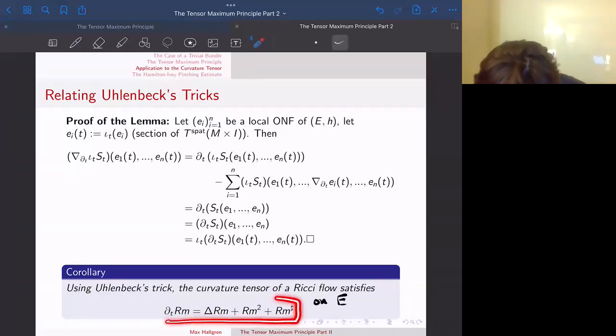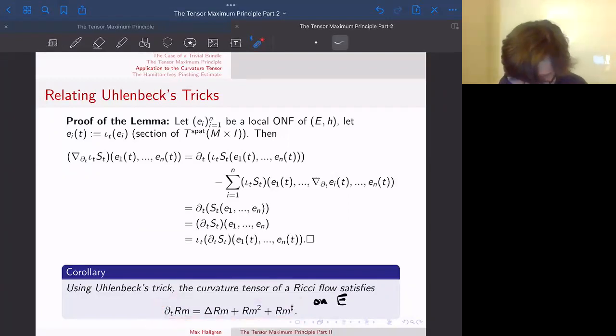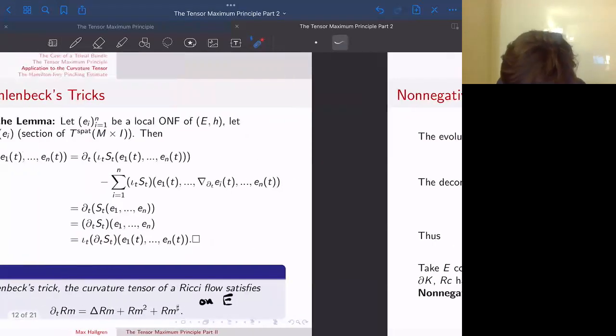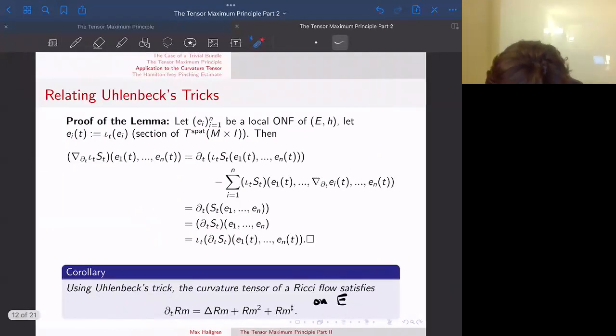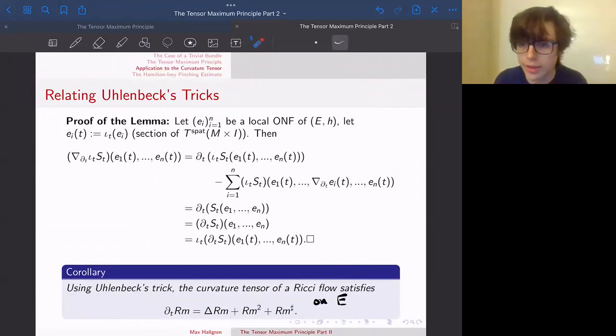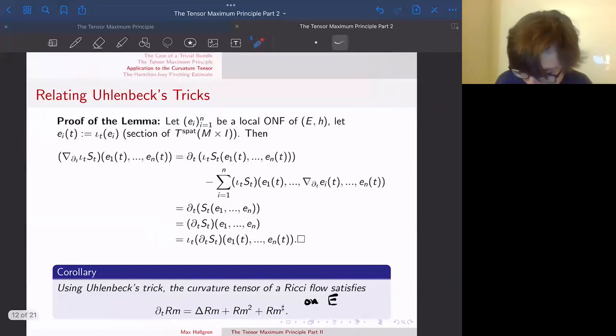And this is now something where we can directly apply the tensor maximum principle with this as our vector field. Okay. Are there any questions about this?